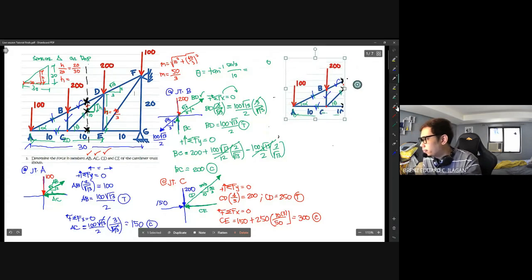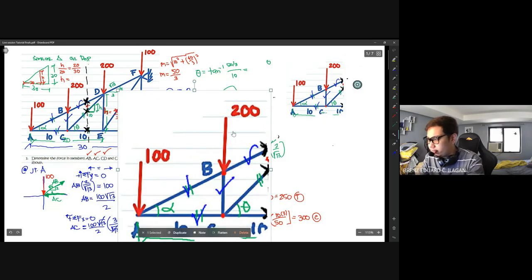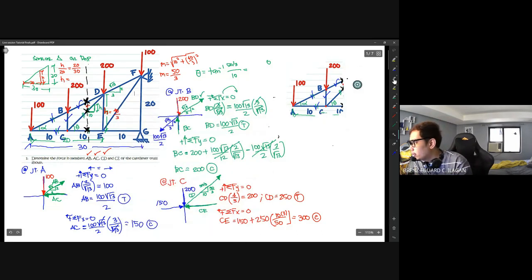Teka lang ha. Bakit ayaw niya ma-unselect? Paste. Ayun. Ay, hindi. Ayan, okay na. So, ito i-assume ko muna nga ulit na in tension. Ayan. So, ano yung members natin na to? Ito si BC. Ito si CD. And then, ito si CE. Lagyan ko lang ng arrowhead.